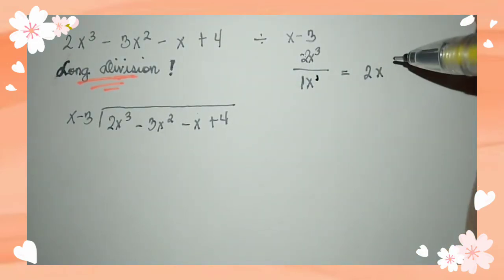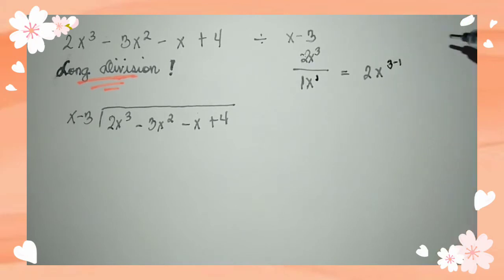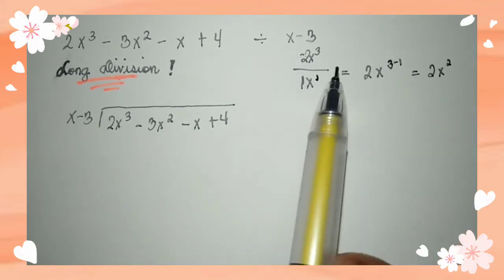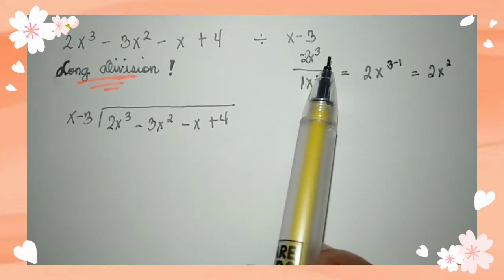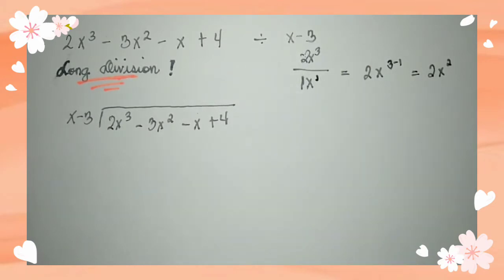So, we have 2x, and 3 minus 1 is equal to 2x squared. So, ang ginamit natin dito is the law of exponents in division. Ang answer natin ay 2x squared.